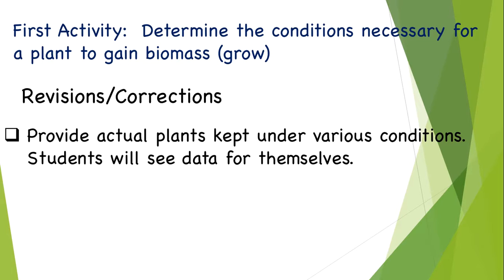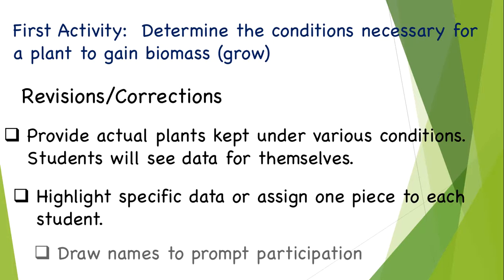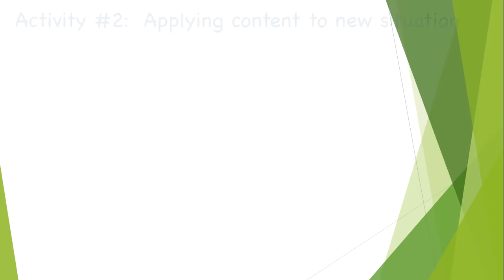So they'll be handed a sheet with data already collected, and this way they'll get to actually see it in real life. Highlight specific data or assign one piece to each student to prevent them from being overwhelmed. And draw names to prompt participation.